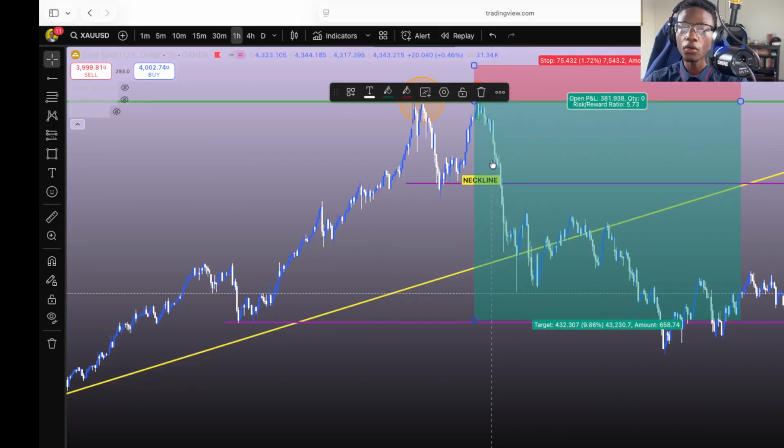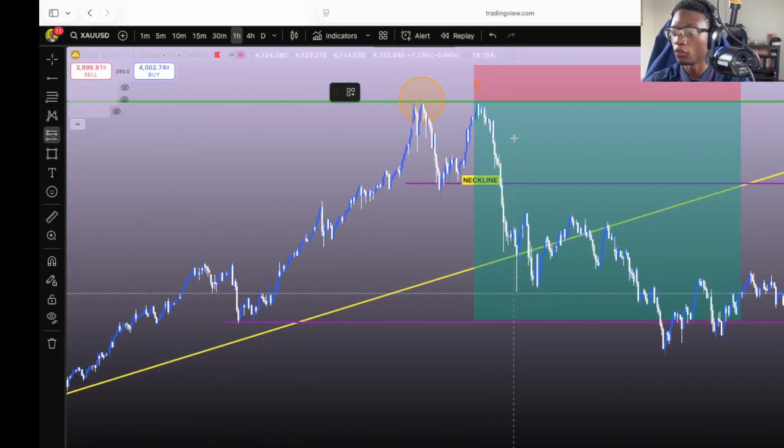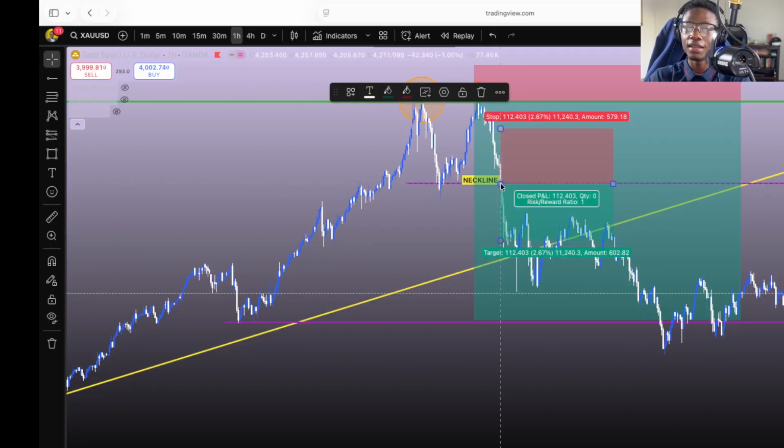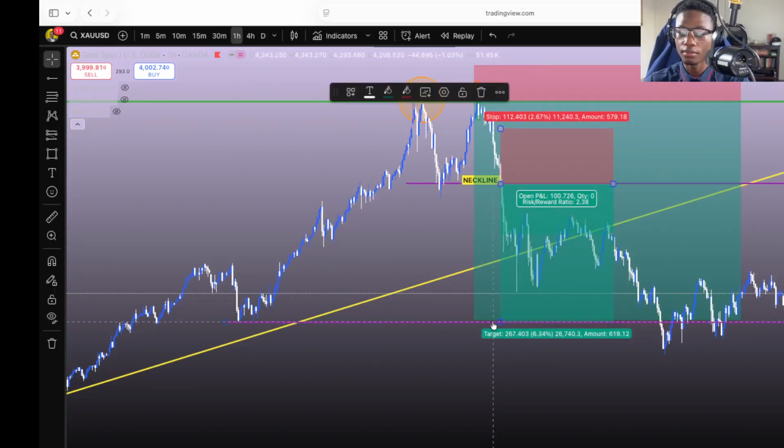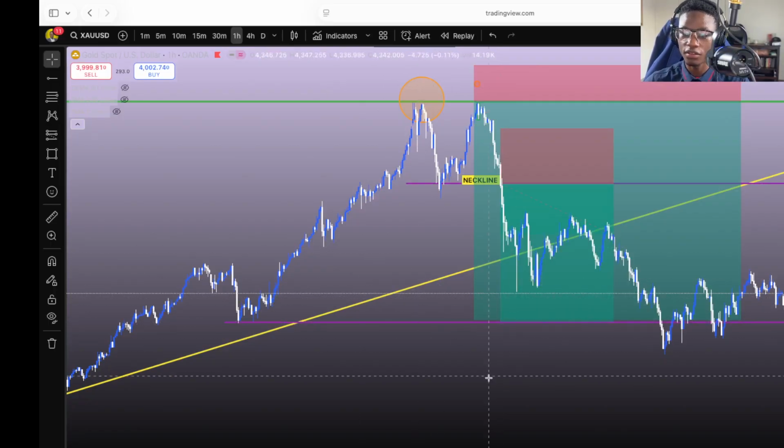So I take a second trade because it's a great, beautiful trade. I'm risk free now, nothing to lose. I'm already in profits. I take my second trade here at the neckline at the retest, and take the rest of that to the area of interest.